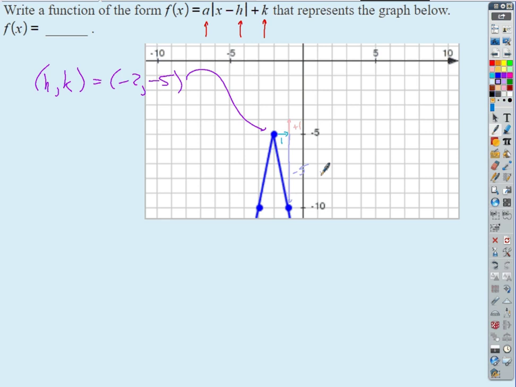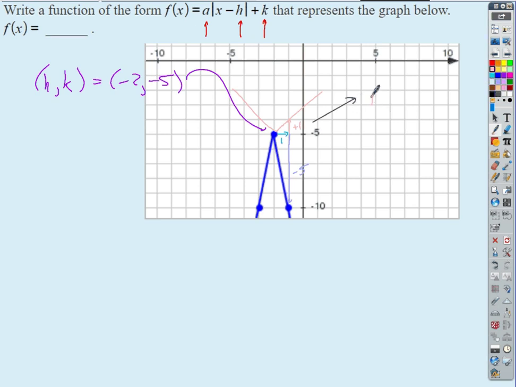Yeah. So then if we want to figure out what A is, remember, all A is doing is the dilation factor is telling us what are we multiplying the parent heights by to get our stretched heights, right? So we had a height here of 1.